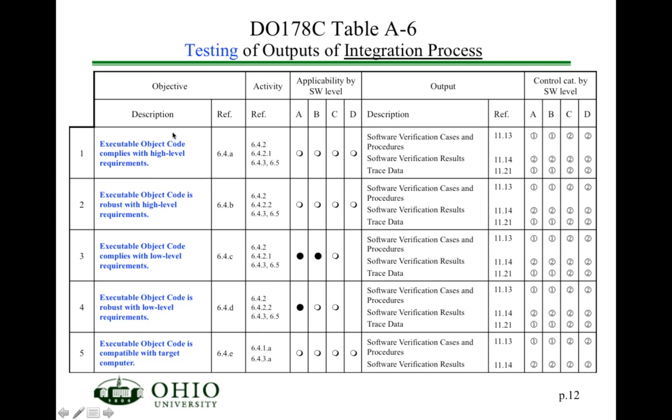So you see that here we're relating the object code, the output of the integration process, where we have taken all the modules, compiled them, linked them together, and we compare them directly here to the high-level requirements. Also, we verify them against the low-level requirements, and of course against the target computer on which this executable object code must operate.